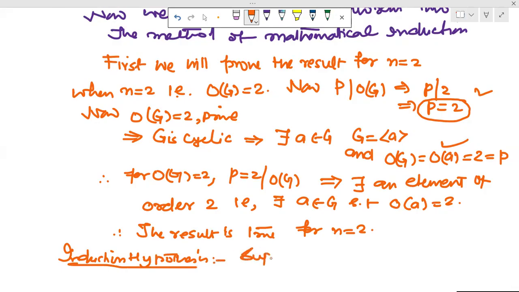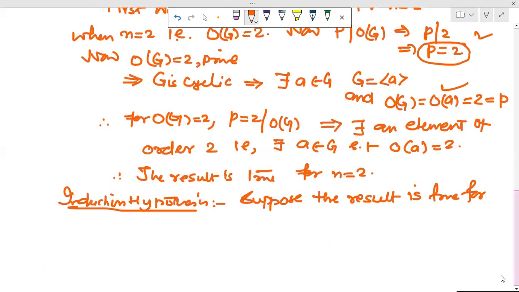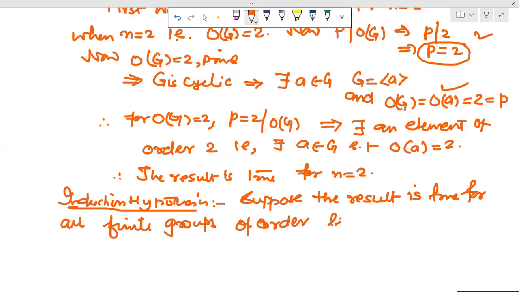Suppose the result is true for all finite groups of order less than n. So for all the finite groups of order less than n, the result holds.